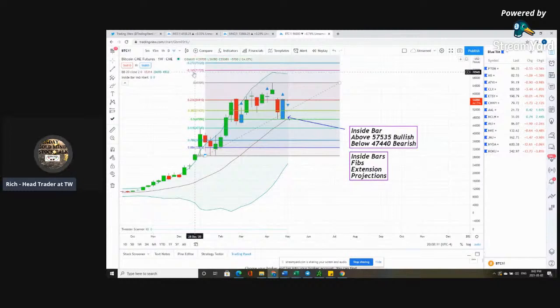All right. So I'm here on the Bitcoin chart, and one thing that really intrigued me with Bitcoin is the fact that we had an inside week close, which was very, very powerful. And I've been watching Bitcoin for a while now, and what I started to notice was Bitcoin is moving very Fibonacci algorithm based. And anytime a market is moving in that favor, there's going to be a lot of opportunities to make great return. So that's pretty much what got me interested.